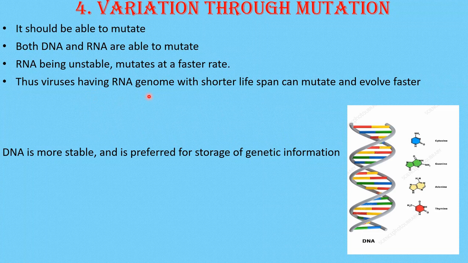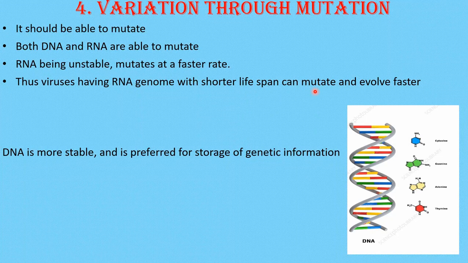Thus viruses having an RNA genome have a shorter lifespan, a very short lifetime, they can mutate very fast, and they evolve into a new variety at a faster rate. Now you can understand. So RNA-containing viruses have a shorter lifespan. They can mutate.